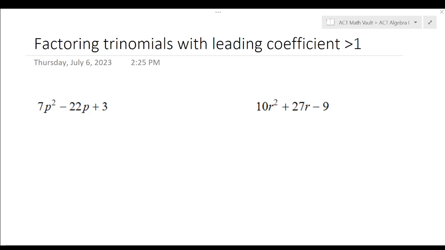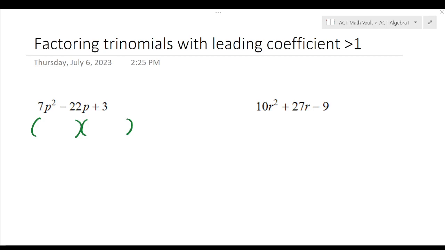There's nothing you can take out of everything. So then you think, okay, it's a trinomial, which means two binomials will multiply to get that answer. And what we have to then figure out is what two terms go in each of the binomials to then eventually FOIL or multiply out to get that answer.